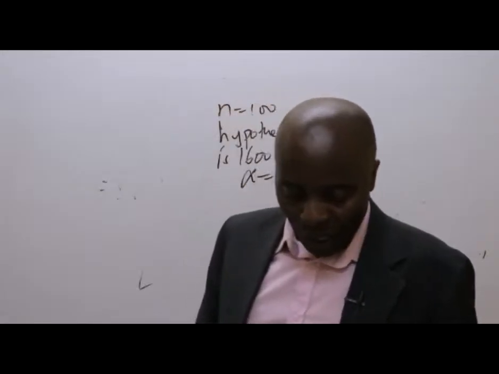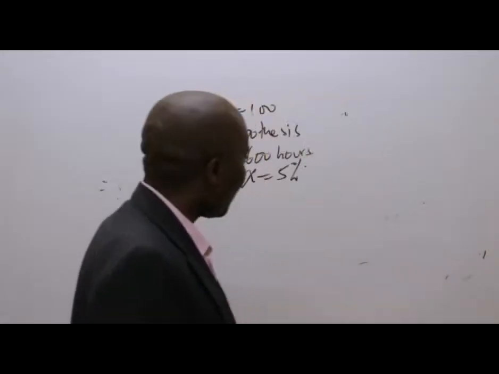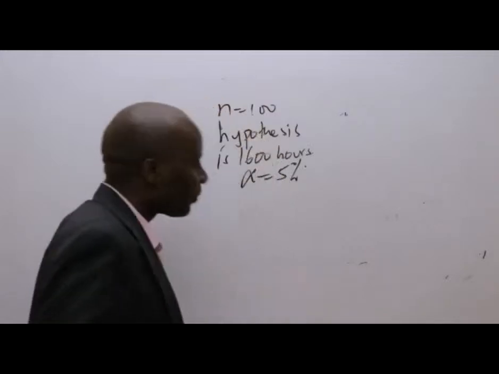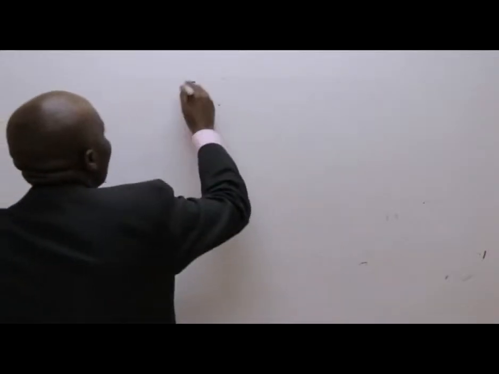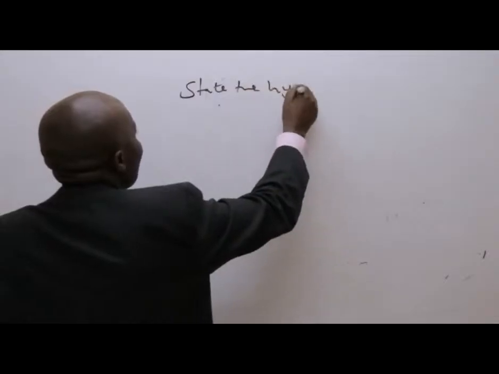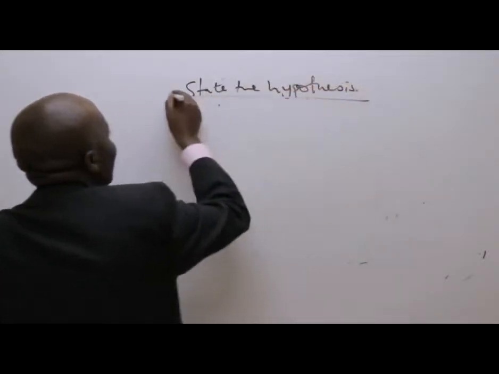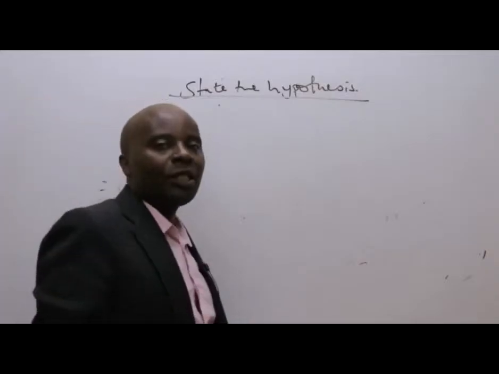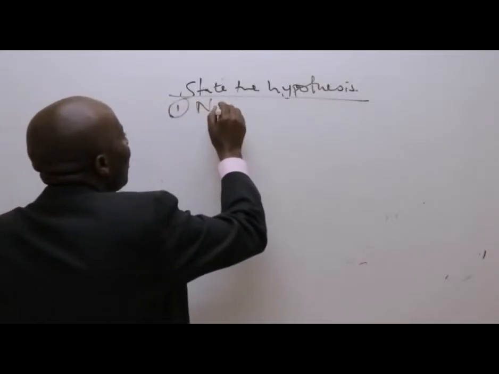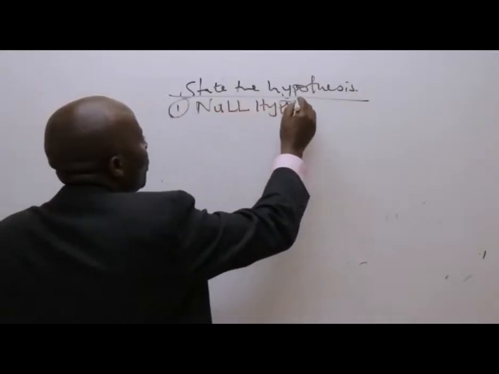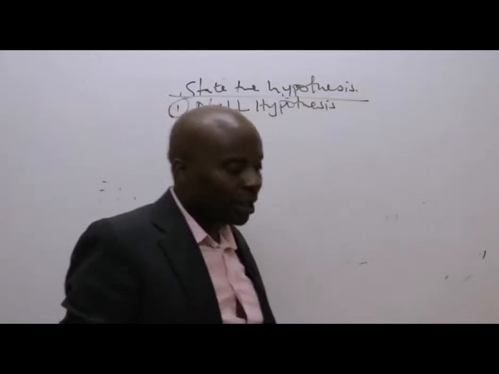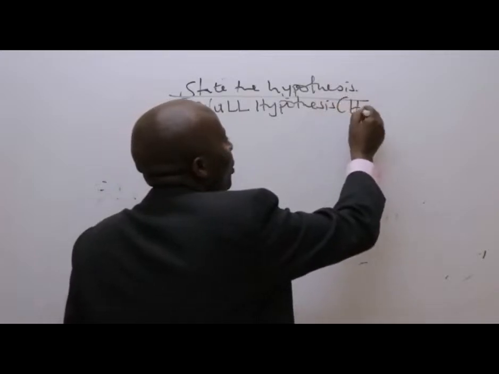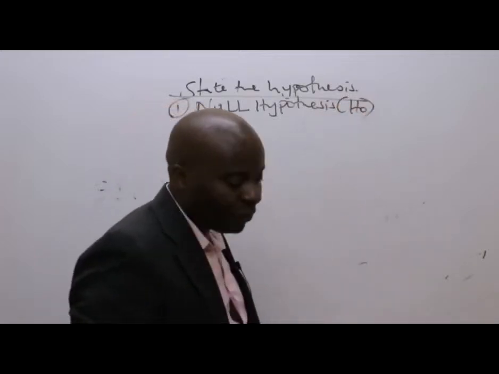This is very, very easy. So how do we get started? Step number 1, state the hypothesis. Normally we have 2 claims. The first claim is the null hypothesis, which we shall abbreviate as H0.